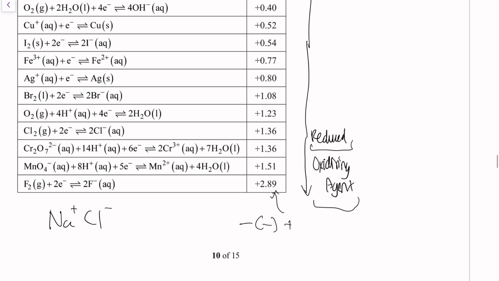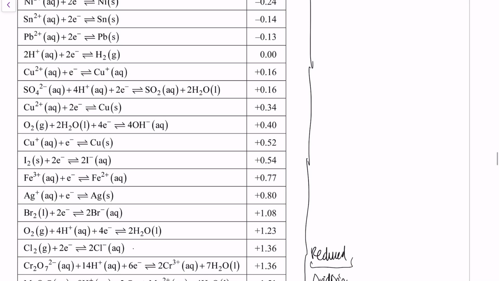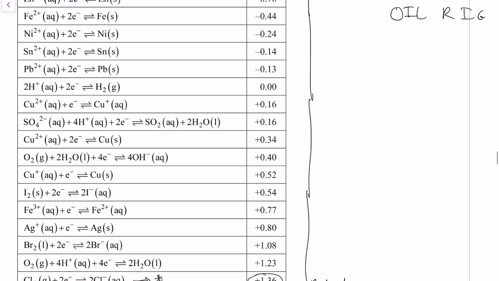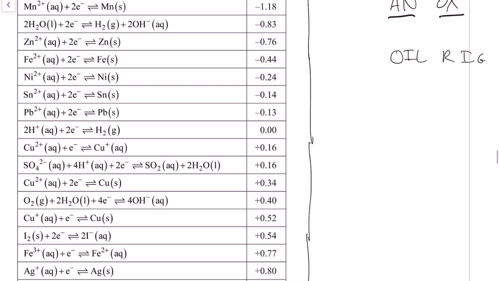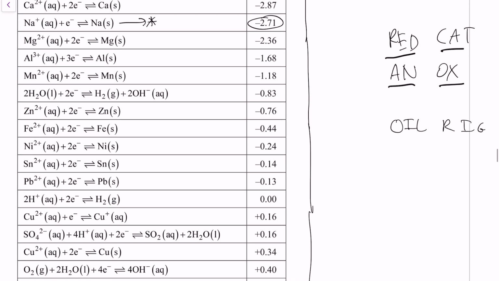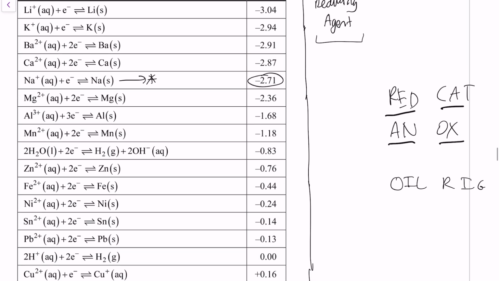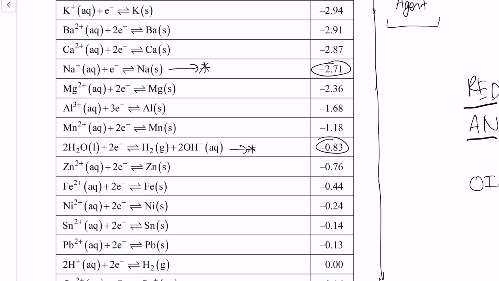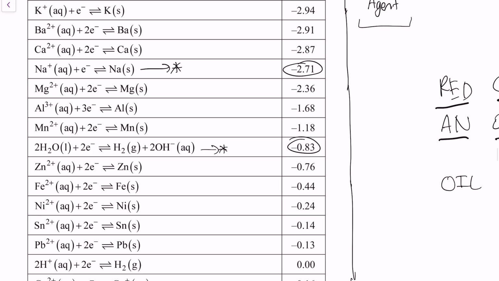Okay, so I'm going to put a star on that and circle that value. And then I'm going to circle this part right here. So I put another star. I'm just going to circle this value, negative 0.83. You just have to be familiar with and recognize these sort of questions, so you can immediately know, I have to make sure I take note of this value.